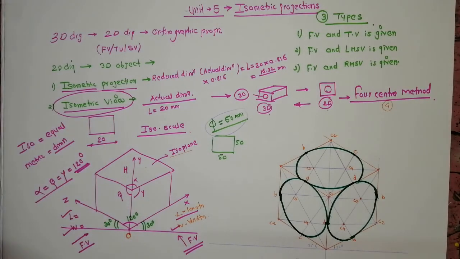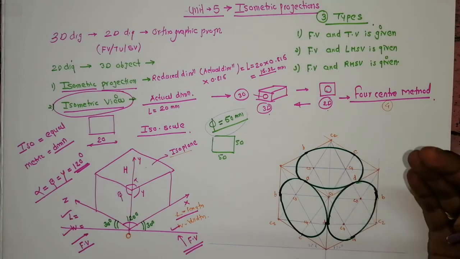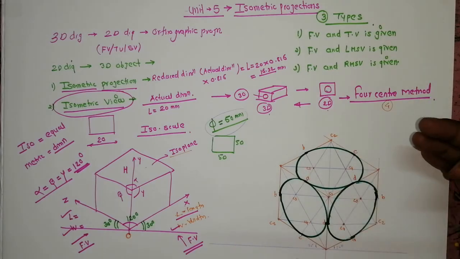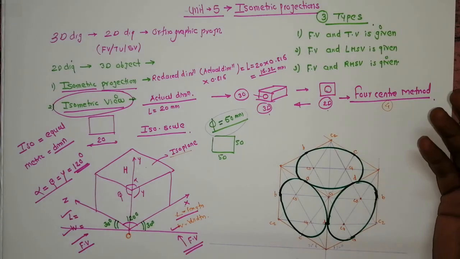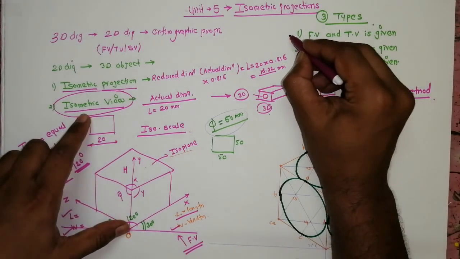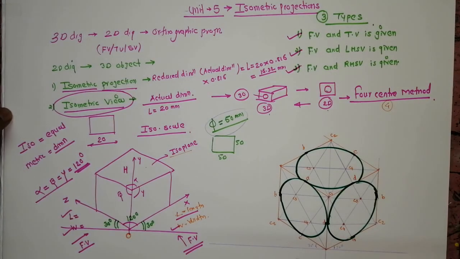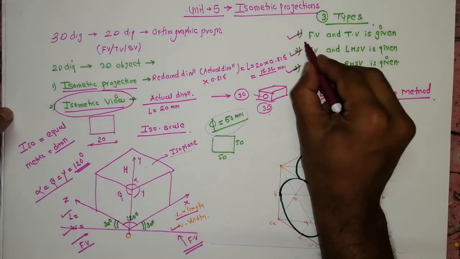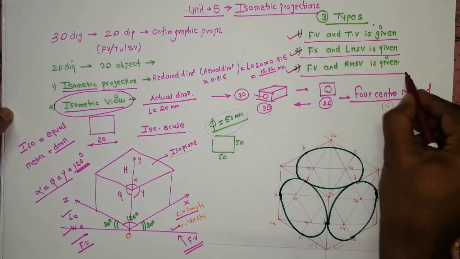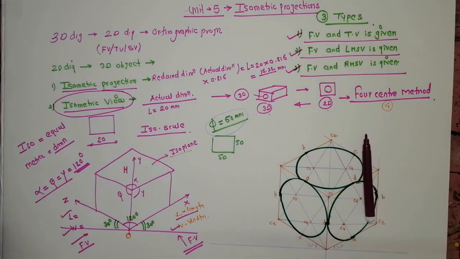So likewise we have to proceed in the coming problems when we construct the isometric view for these three types of problem. In the next video we will come up with each type of problem and construct its isometric view. Okay, so thank you very much.